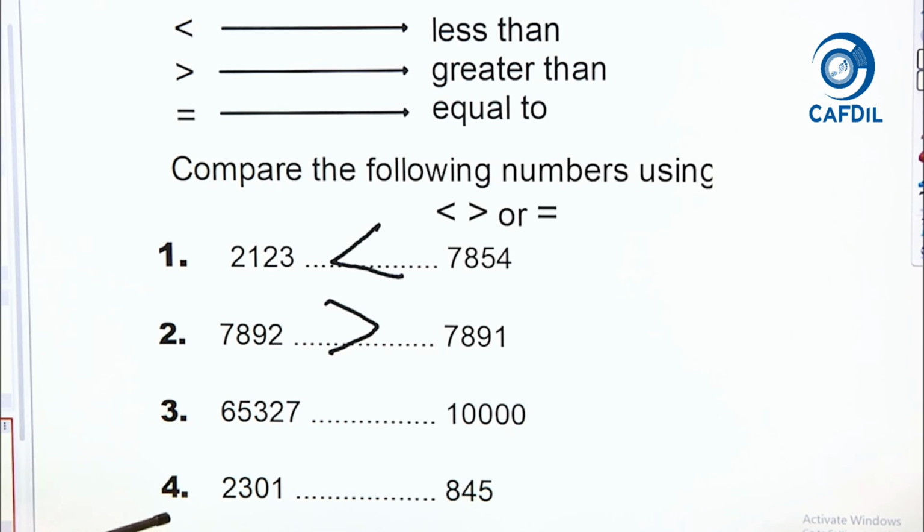Therefore, this number is greater than this. So we have to insert the greater than sign. Since we read from left to right, this number is greater than this number. So we insert the greater than sign. Do that for me. If you had it wrong, just correct it.